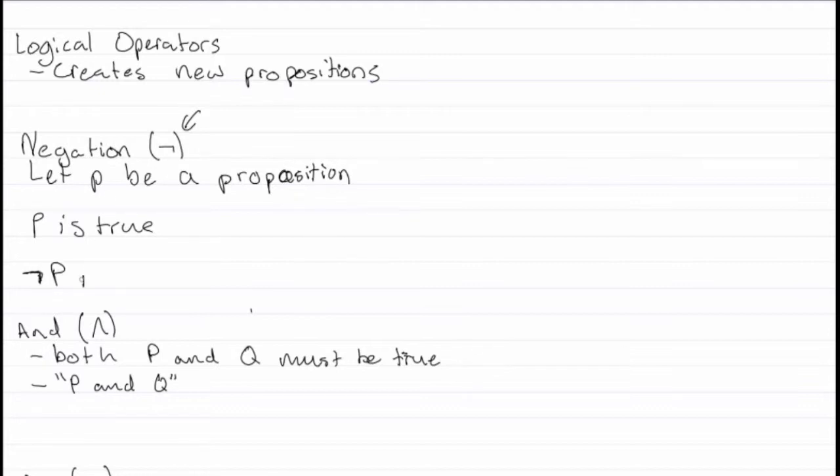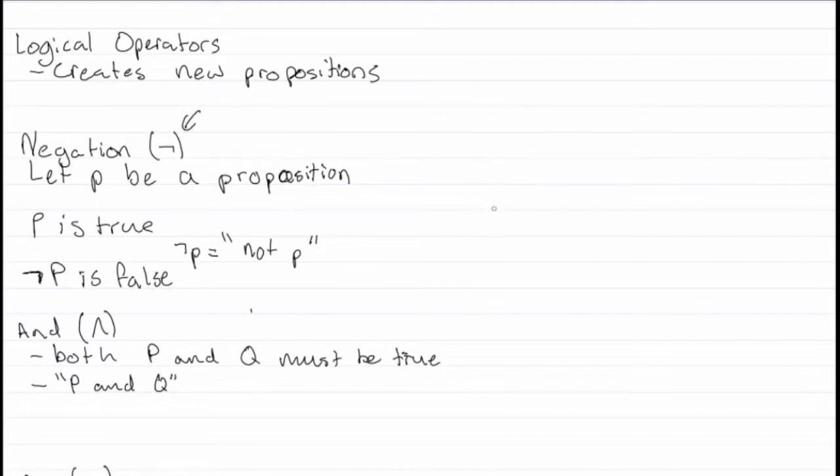Now P is false. So what this does is basically just give the opposite truth value to what P originally was. And the way we can say this in English is not P. That's it. You just call it not P. So negation P equals not P.